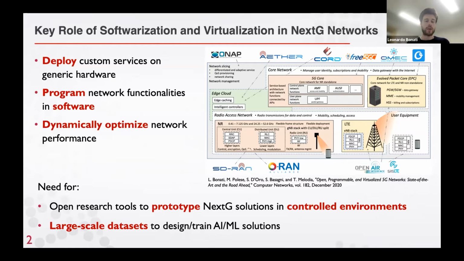So we have a need for prototyping tools for the community, and also a need for large-scale data sets in case you're using AI or machine learning solutions. You want to be able to test your agents in different conditions and under different network behaviors and traffic demand, to be really sure that your solution is capable of adapting to general conditions that you might find in real-world deployments, and also that your solution doesn't harm the commercial network in any way.